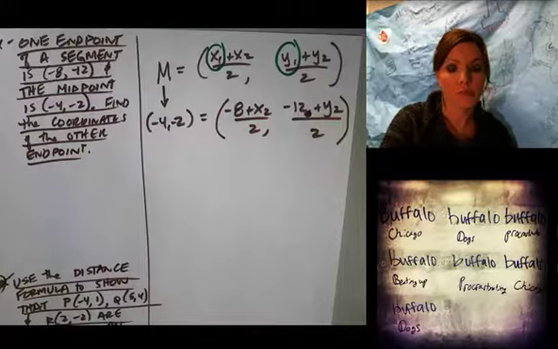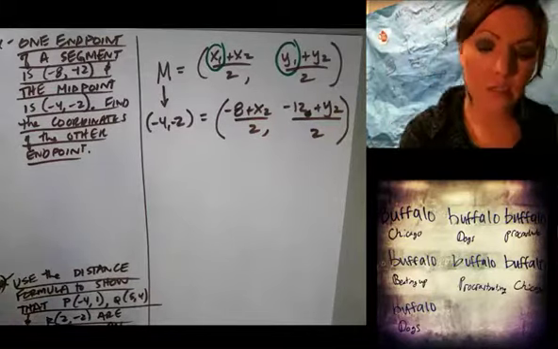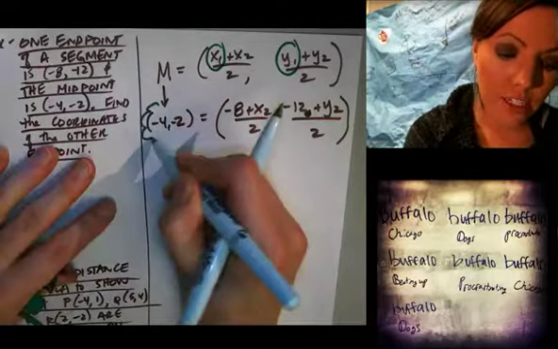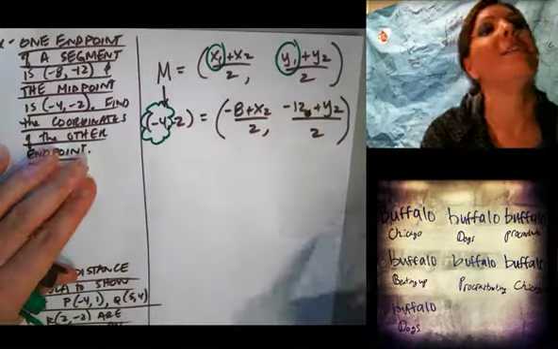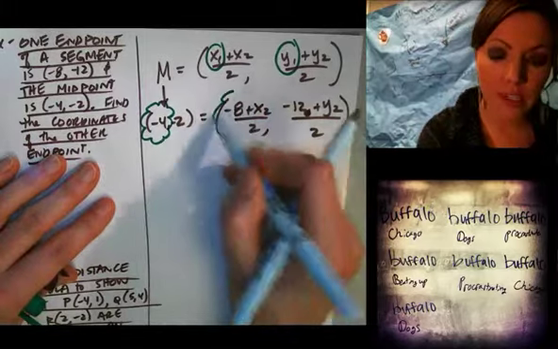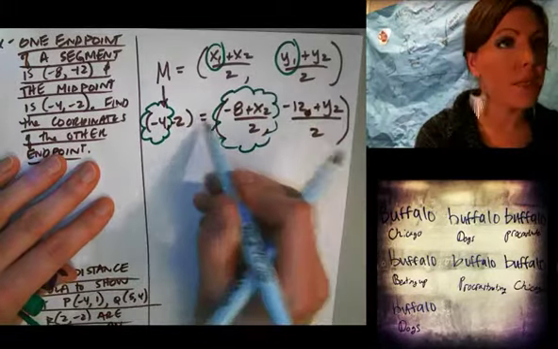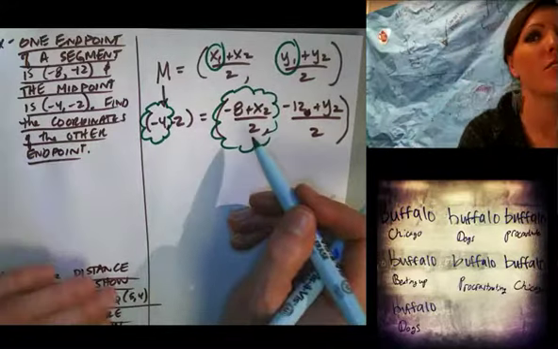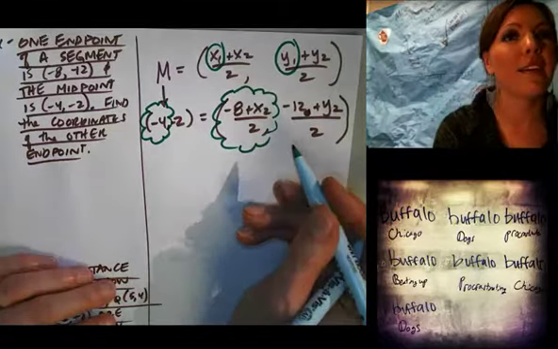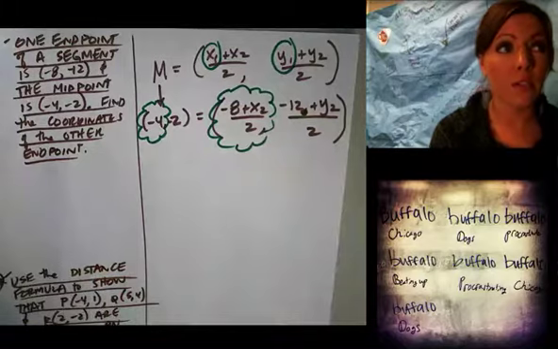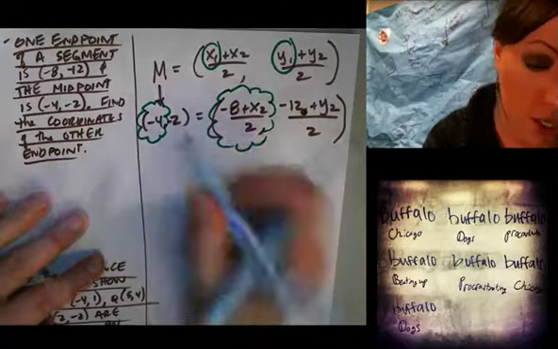What would I do? Would you all agree that this is an x-coordinate? Does the equal sign mean that they're equal to each other? Can I set them equal to each other? Okay, let's try that.